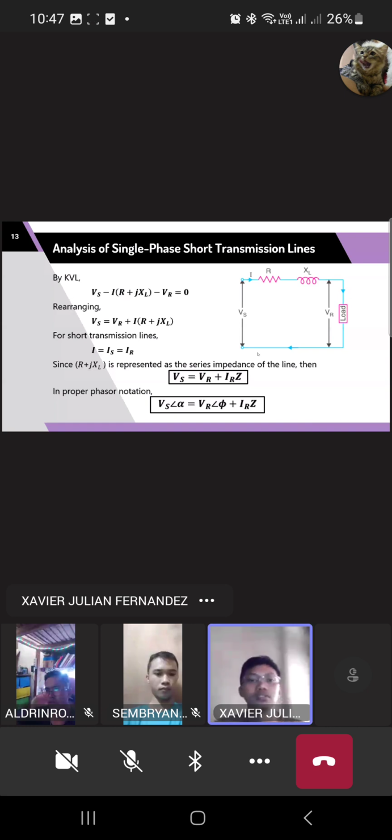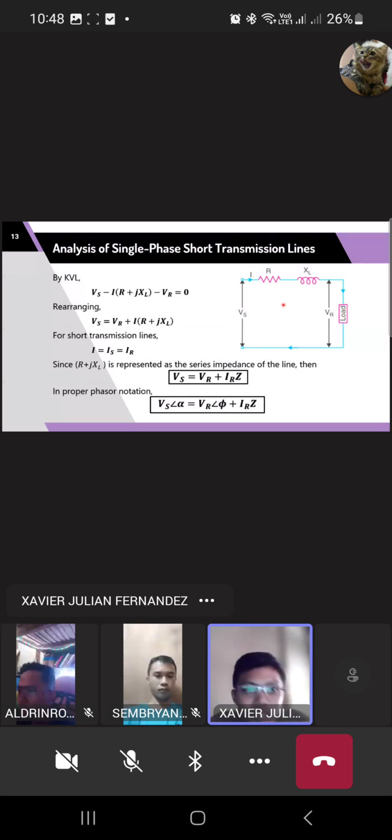Okay, let's continue. If we rearrange this equation from above, we get this one. Now, for short transmission lines, this is just a series RLC circuit. In a series circuit, the current should be the same. This is from high school, basic circuits: in a series circuit, the current is always the same.